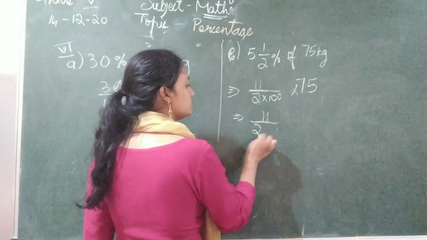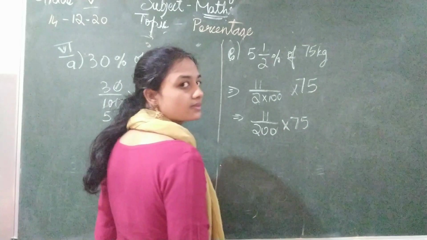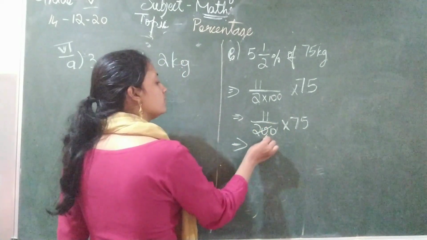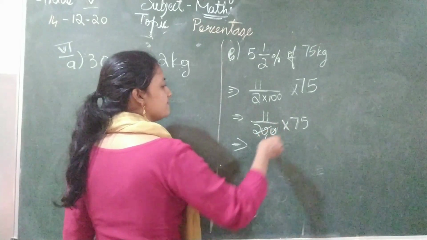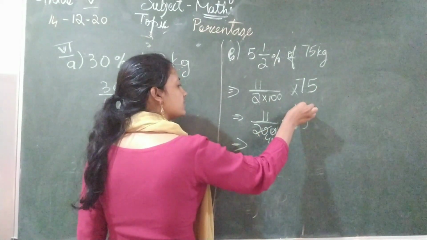200 here, 75 here. So let's divide it using 5. 5 ones are 5, 5 5s are 75.